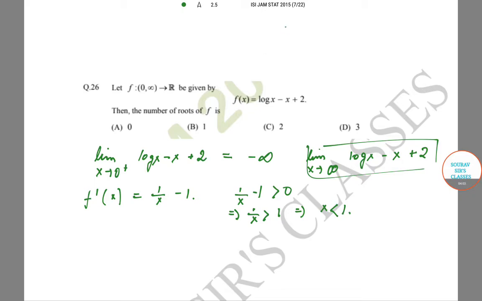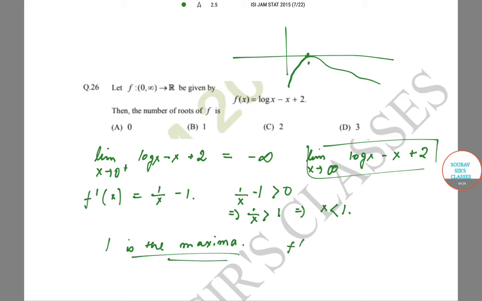Therefore, if we draw a rough graph of the function, we have the point 1 here, and the function increases till 1 and then decreases. So 1 is the maxima.